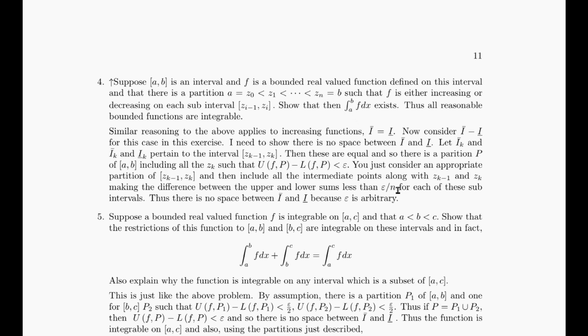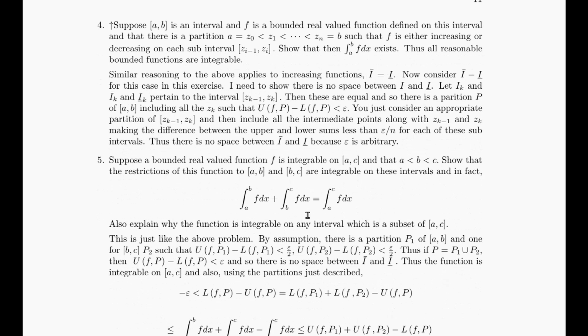And so now, if I use those upper sums and lower sums and use for the partition the union of all the partition points associated with each of these subintervals, then the upper sum minus the lower sum will have to be less than the sum from k equals 1 to n of epsilon over n, and that's just epsilon. Therefore there's no space between these two, since epsilon is arbitrary.